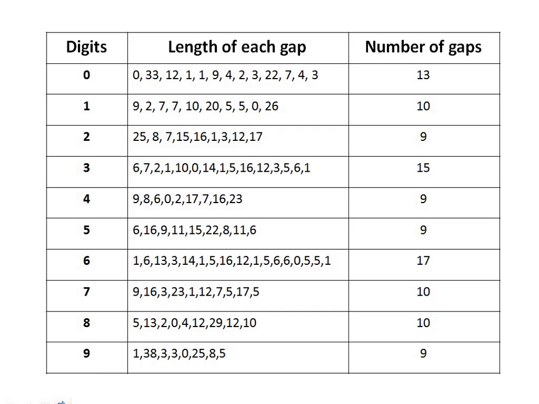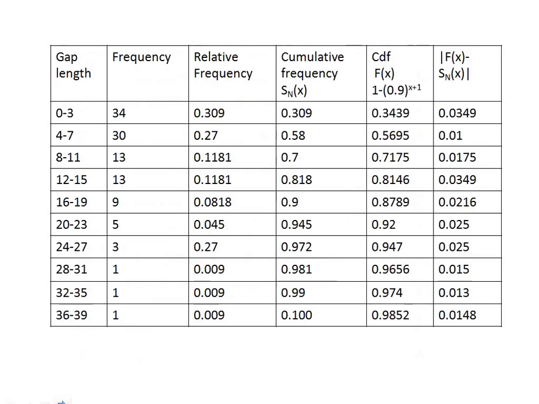Total observations we get is 34. Similarly, for 4 to 7, total observations we get is 30, and for 8 to 11, 13, and so on.